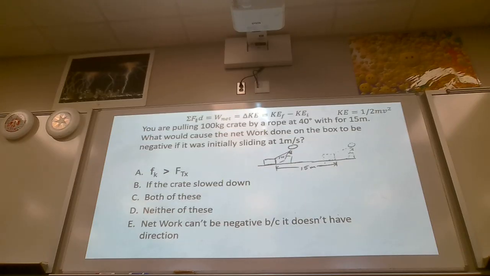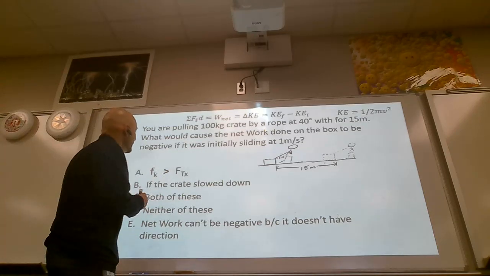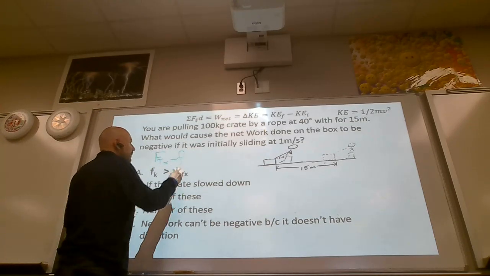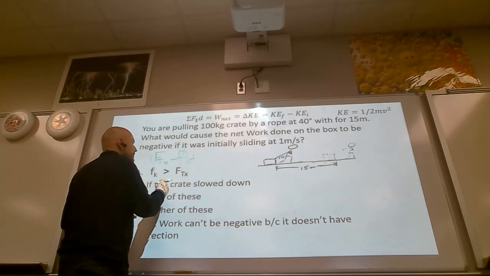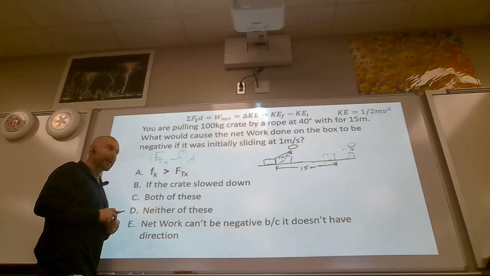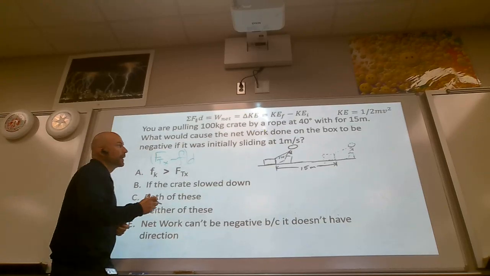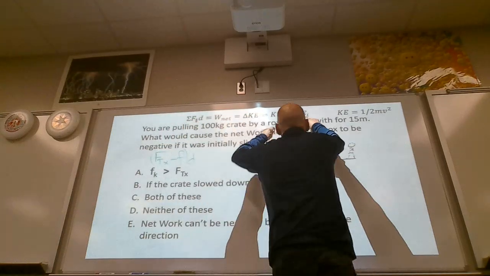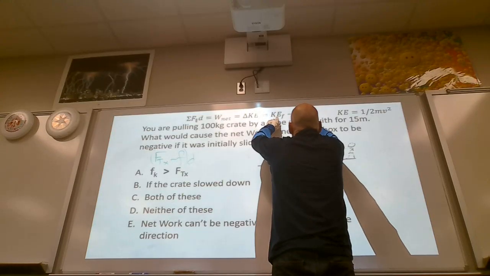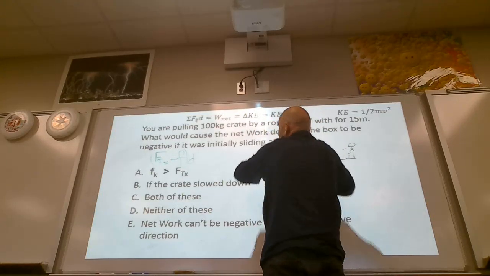What do you say? C. C. Okay. This would give a net force that would be negative, therefore negative work. And if you are slower than when you started, this quantity is going to be negative.